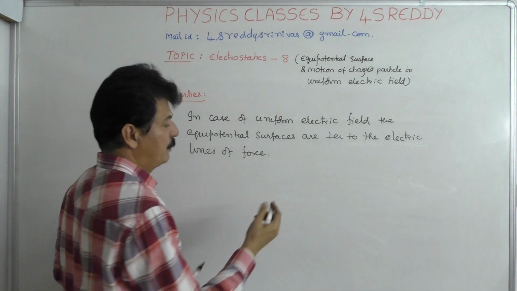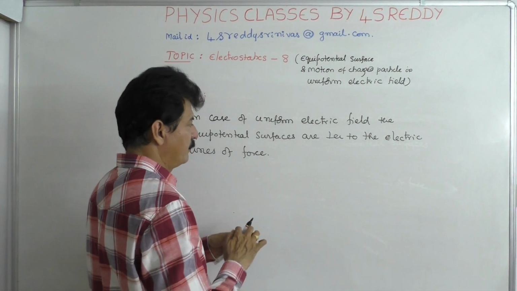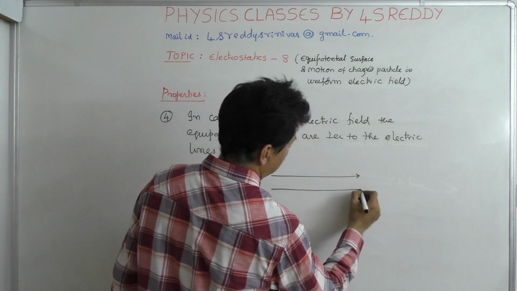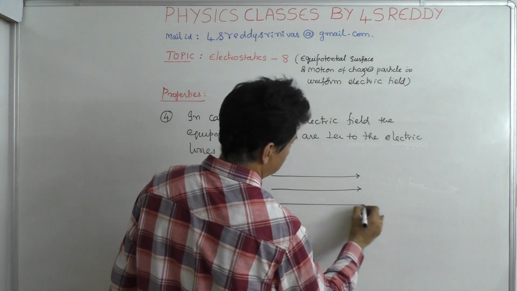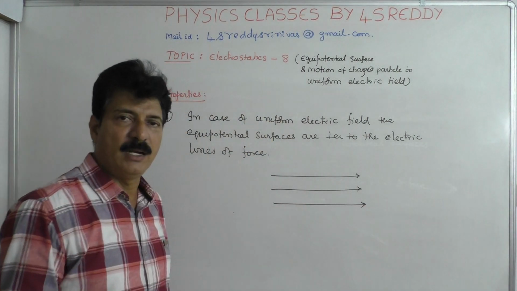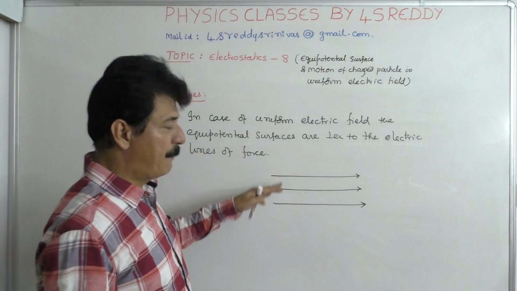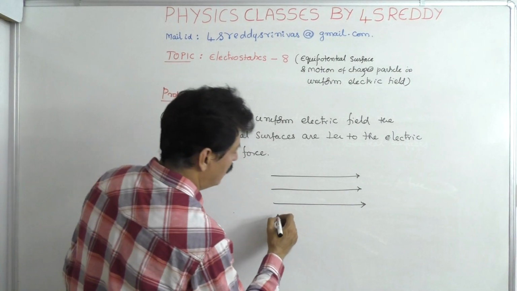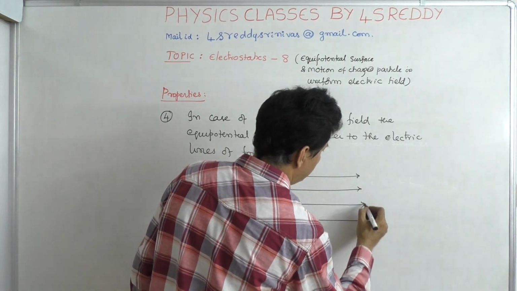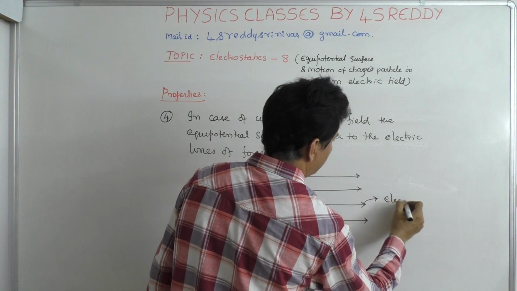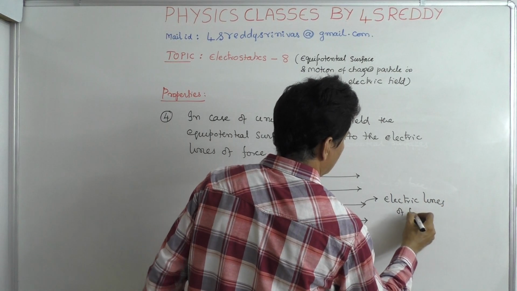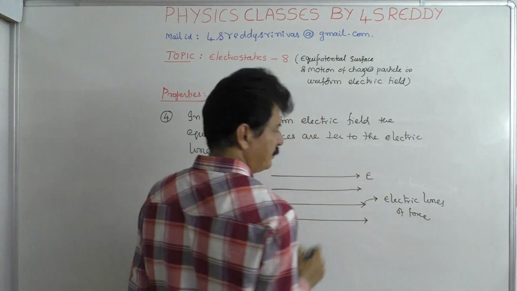Suppose you consider these are the electric lines of force for a uniform electric field. All the electric lines of force are parallel straight lines and are equidistant. We know that. So these are all representing the electric lines of force in which E is given.